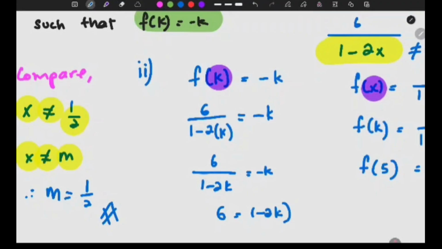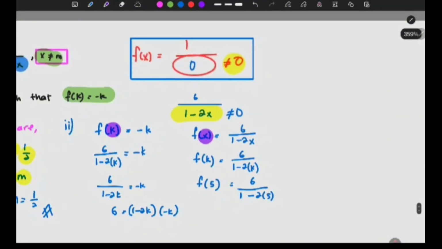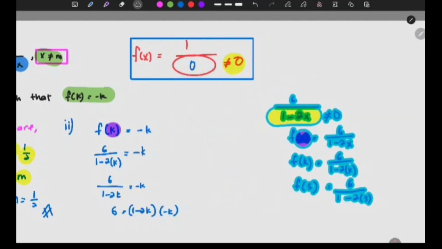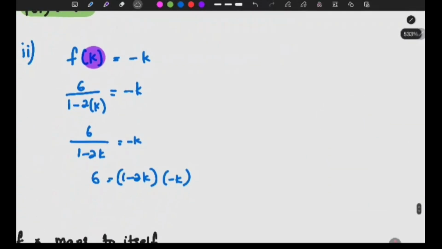So let's continue. What you have to do is expand the bracket. Negative k times 1, negative k times negative 2k is positive 2k square, and then bring the 6 to this side, so you get a quadratic. Positive 6, bring this side, becomes negative 6, don't forget that.